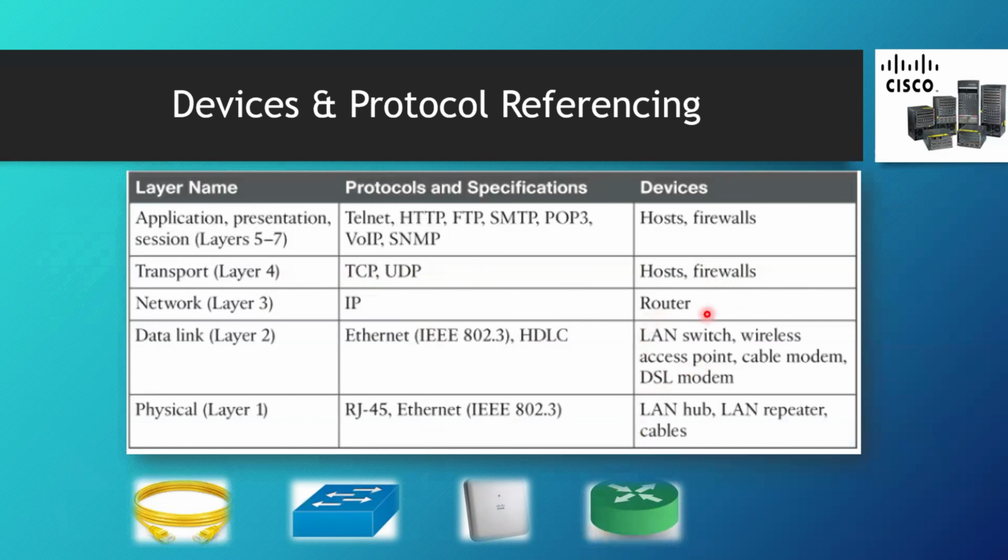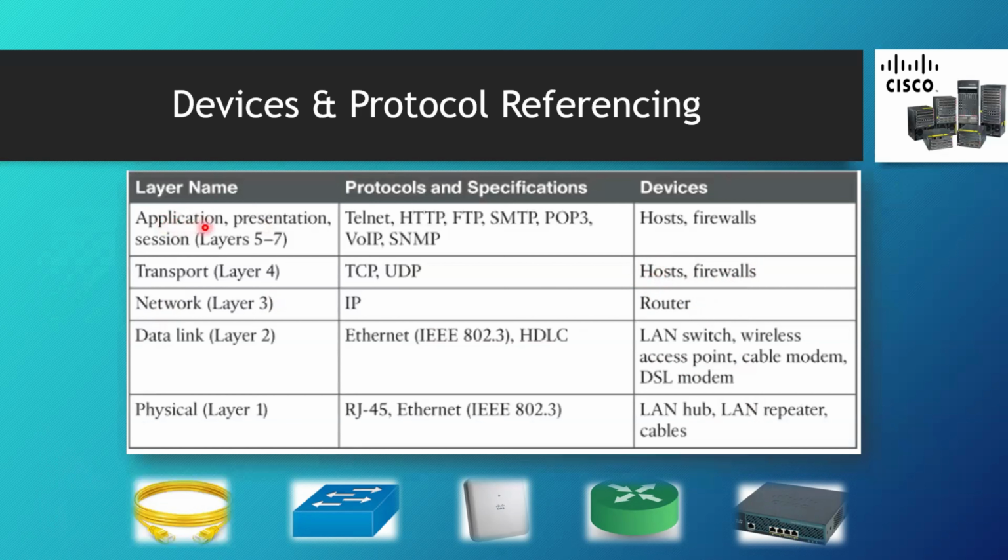Router is a layer 3 device. Host and firewall are part of the transport layer. Host and firewall means we're talking more about hardware devices. Let's say Cisco ASA is a hardware firewall, so this is part of our layer 4. And host means any server or any PC; we call them hosts.